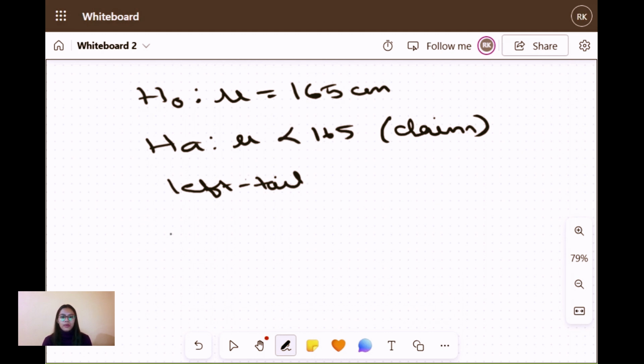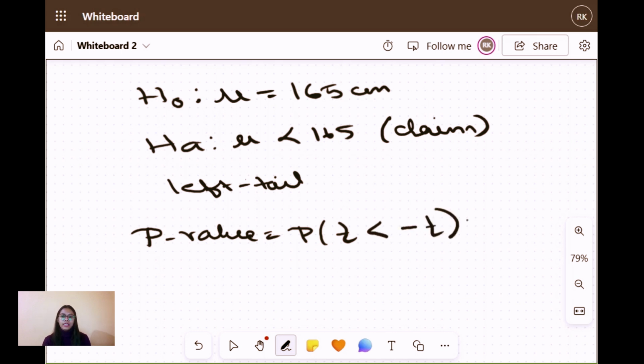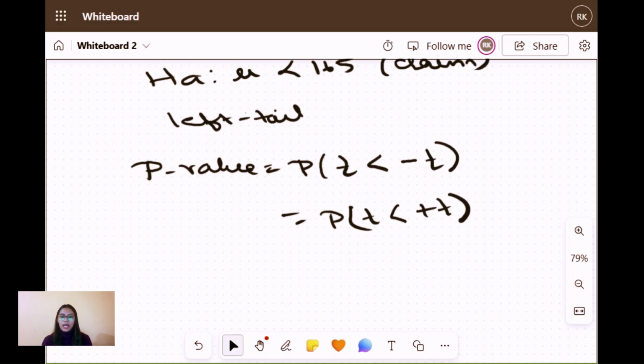So in this scenario our p-value is the probability of t less than negative t. For a left tail test, we can always have a negative t. If we have a positive t, in such cases also we can go for the probability of t less than positive t. Okay, this is how it works, and then we find the p-value.